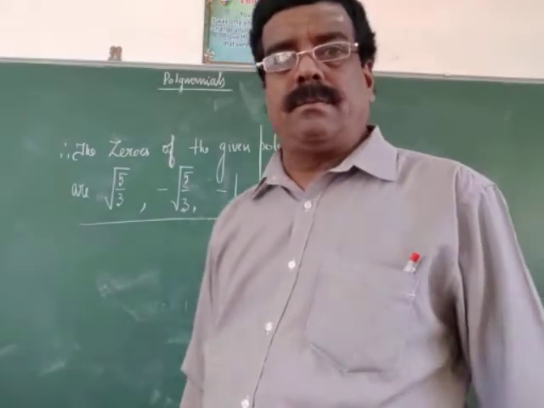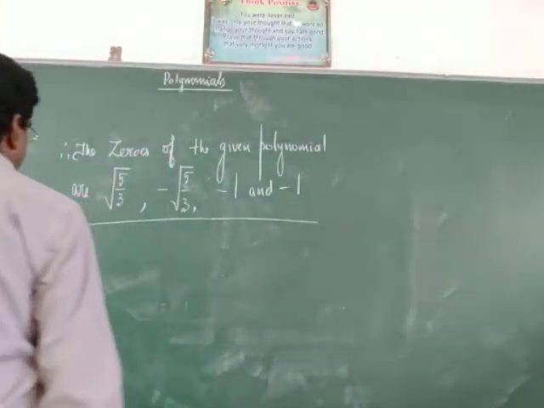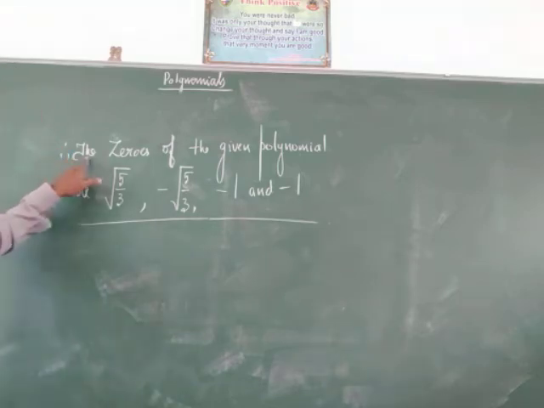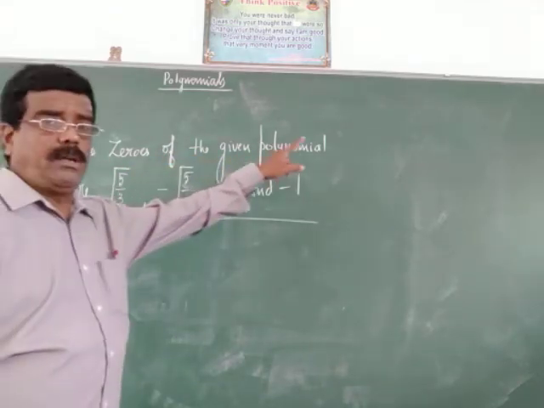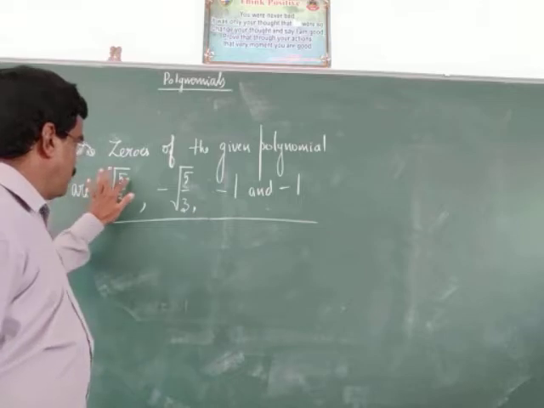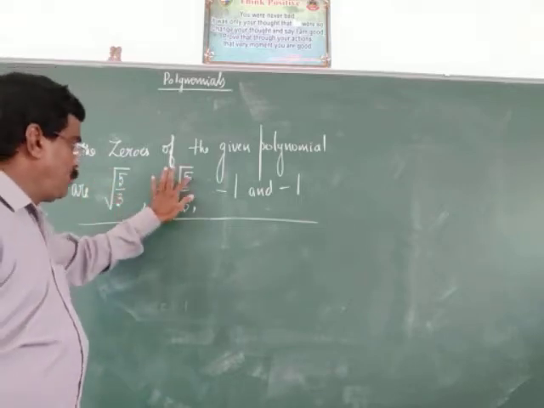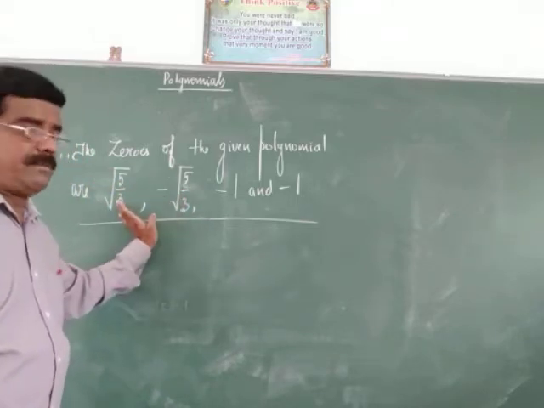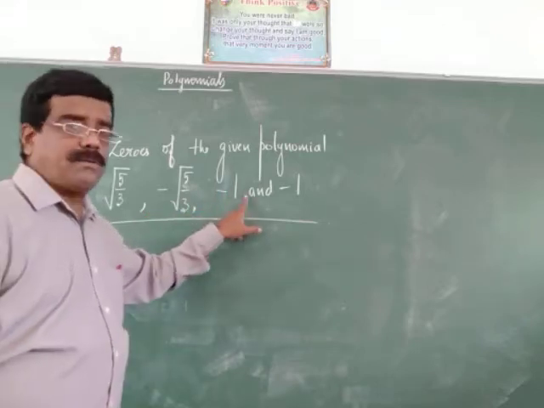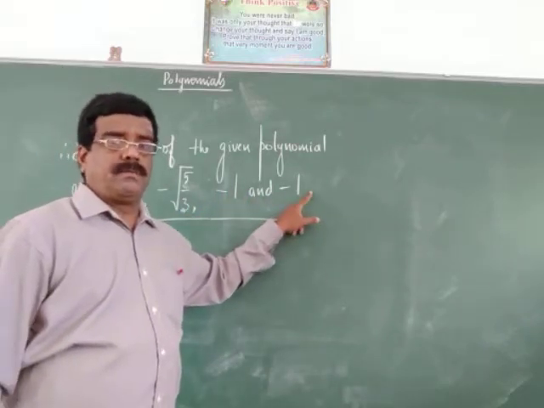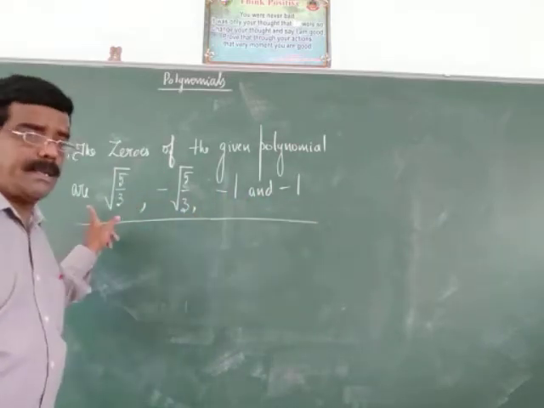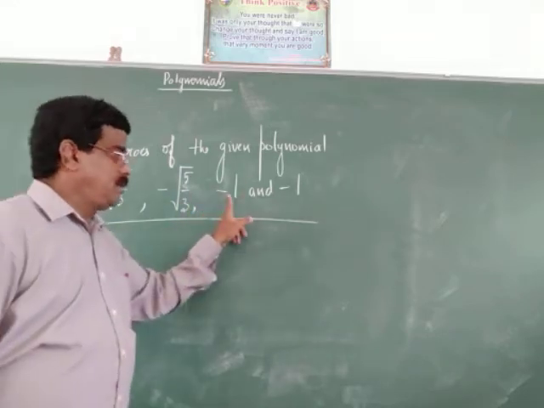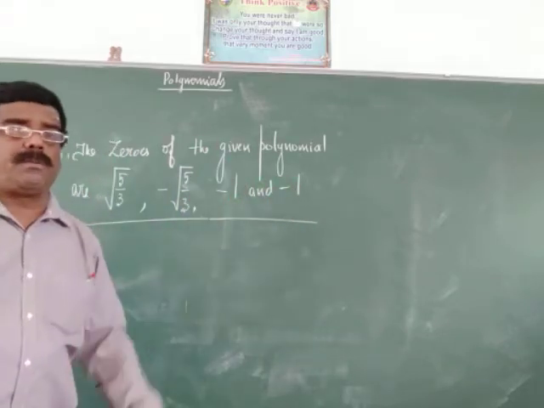Ultimately children, the answer is ready. That is the zeros of the given polynomial are root 5 by 3 and minus root 5 by 3, which was given in the question itself, just to revise it, and minus 1 and minus 1. So total how many zeros are there here? 1, 2, 3, 4. You can observe the polynomial also.